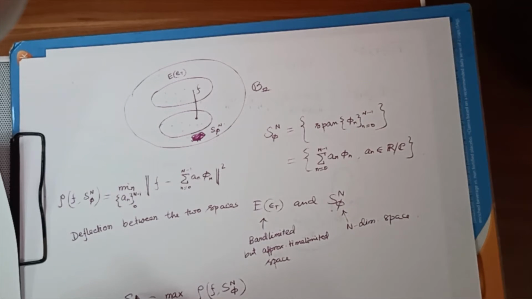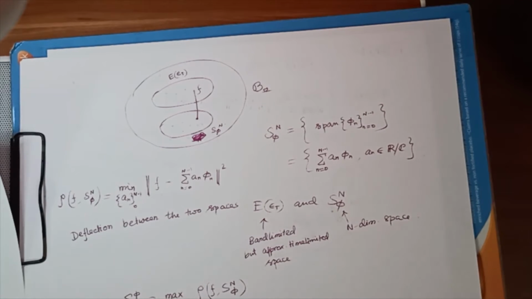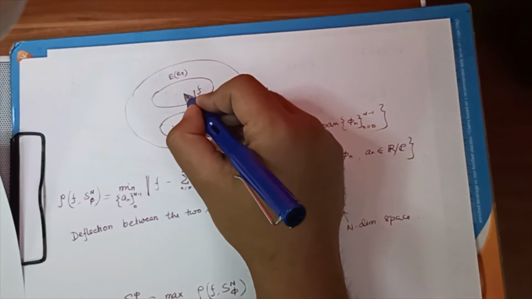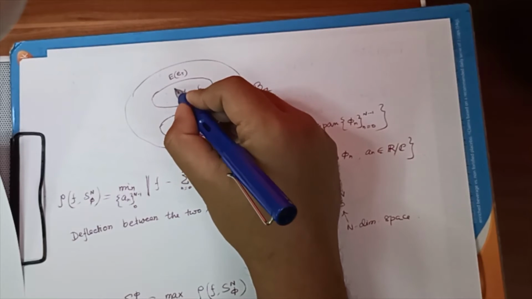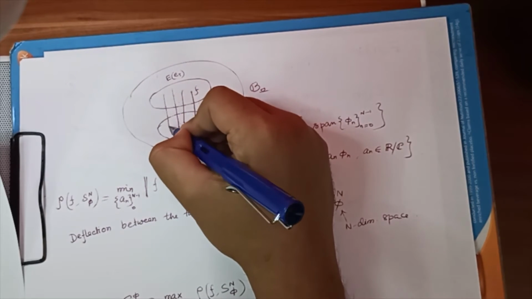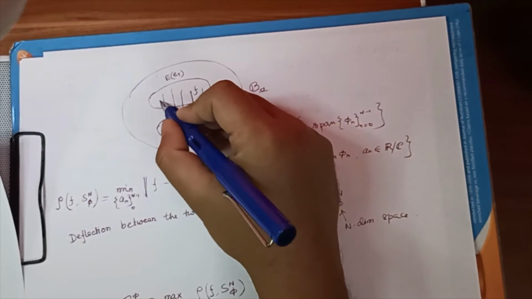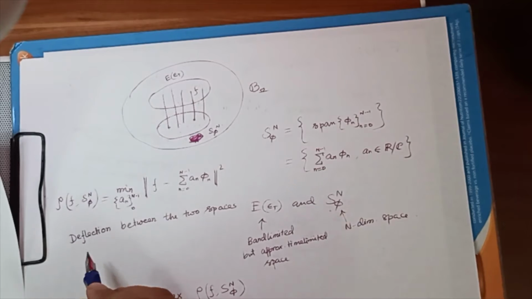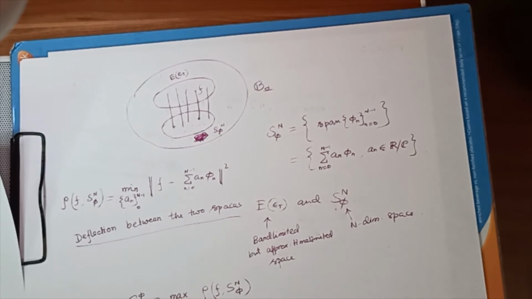When you are choosing phi to be the basis function, I can write like this. So this problem, essentially you are choosing any f and you choose the orthogonal distance, and you see out of these distances whatever is the maximum. So that is called the deflection between these two spaces.